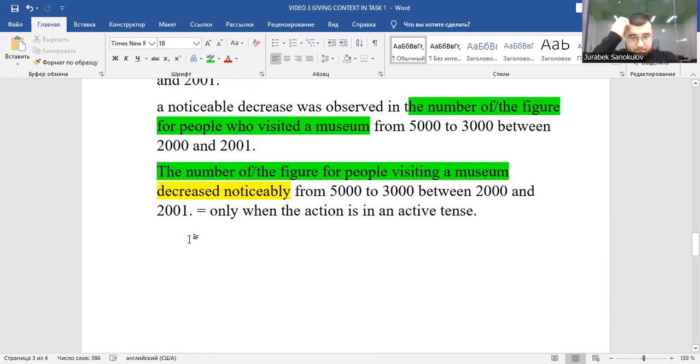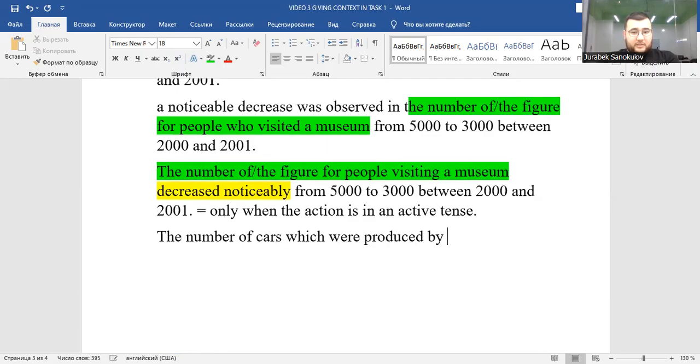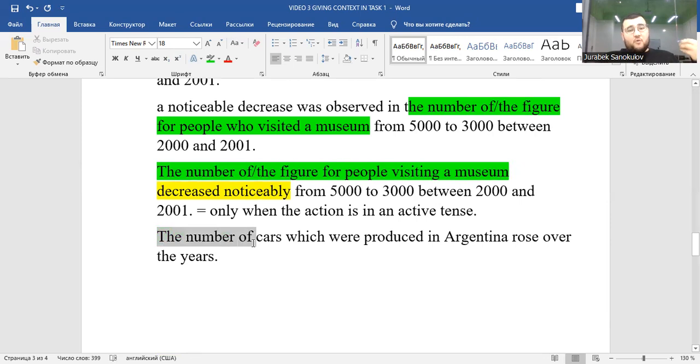Instead of saying the number of cars which were produced in Argentina rose over the years, you can say this. It's completely okay. It uses a universal way of giving context.